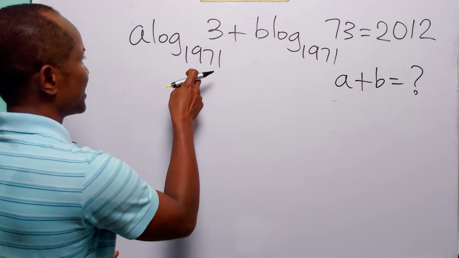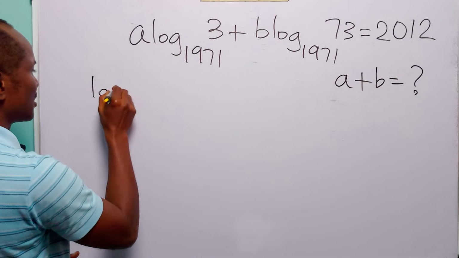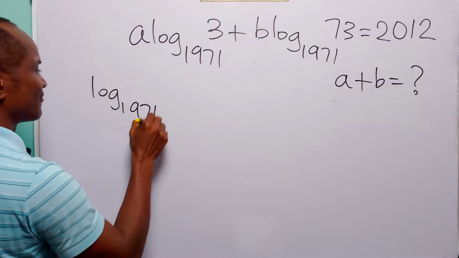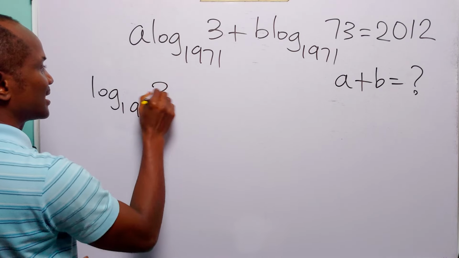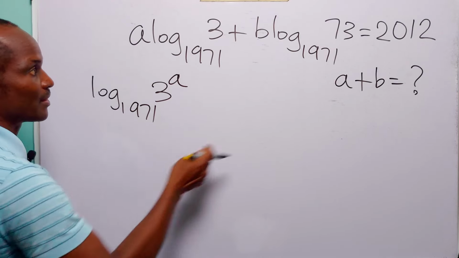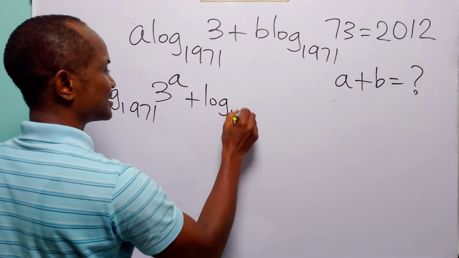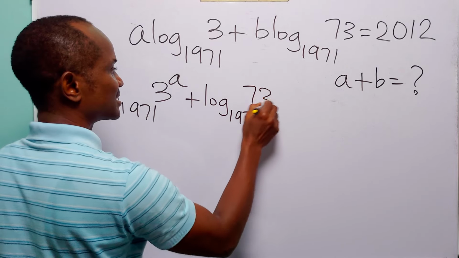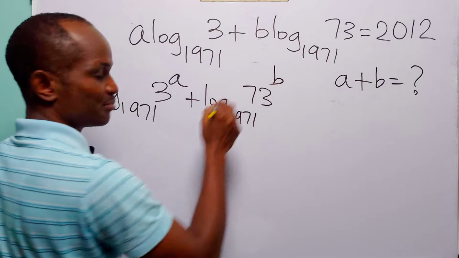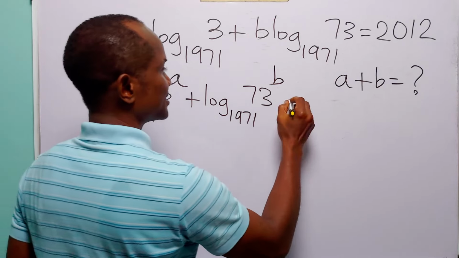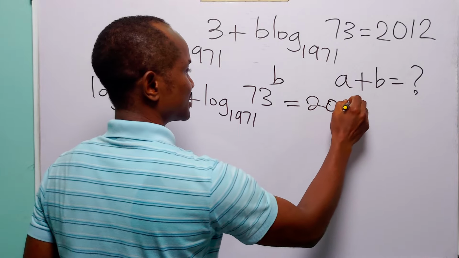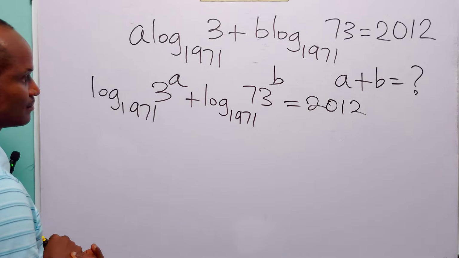When we do that, this becomes log to base 1971 of 3 to the power a, and here we have log to base 1971 of 73 to the power b. And of course, this sum is still equal to 2012.